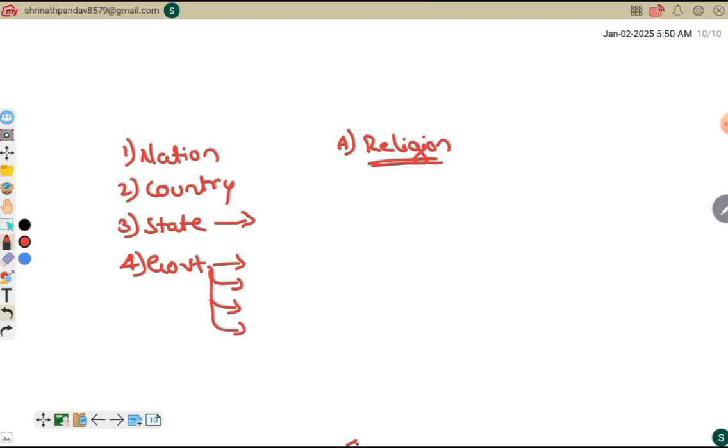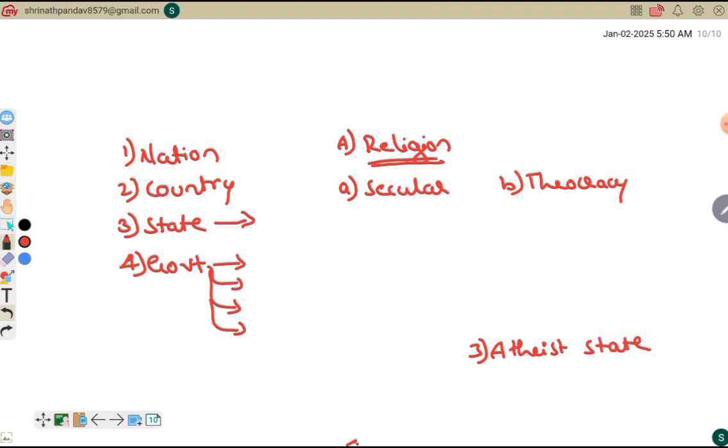On the basis of religion, a state can be classified into a secular state, a theocratic state, and an atheist state. In a secular state, the government doesn't have any official religion, and in a theocratic state they believe in only one religion.